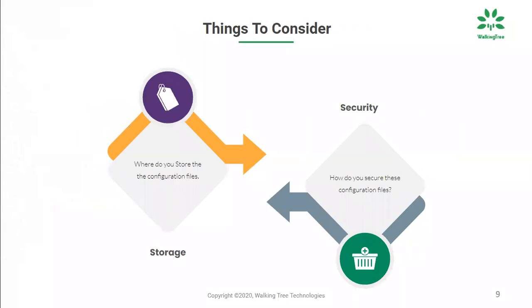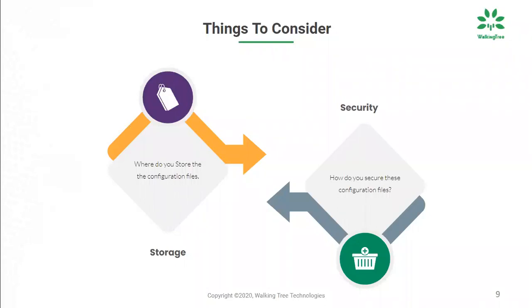So now the question comes: as we decided we have to go for external configuration, what are all the things that we need to consider? The important aspects are two: storage and security. As we decided, we will externalize these configuration variables, and where do we store them?